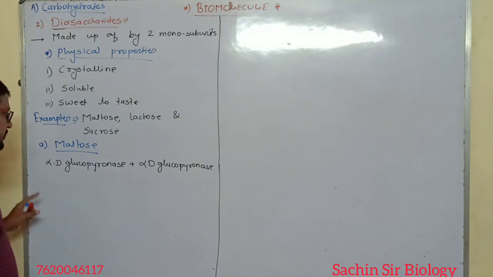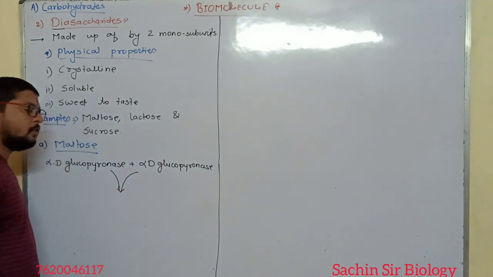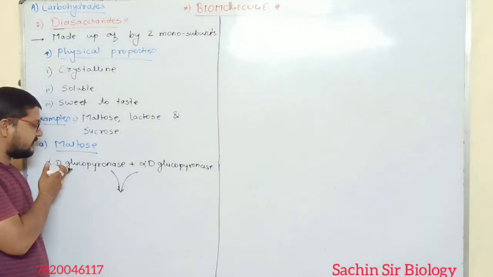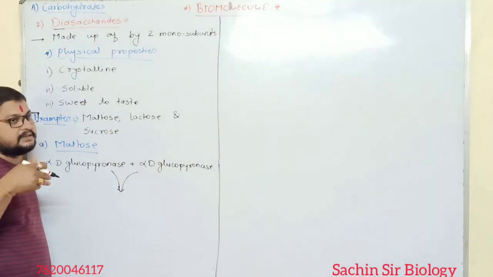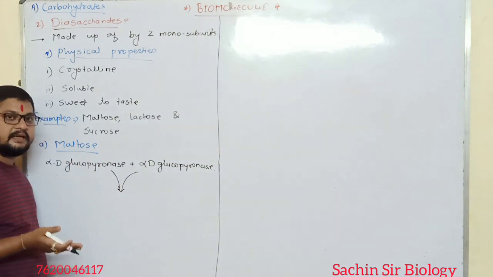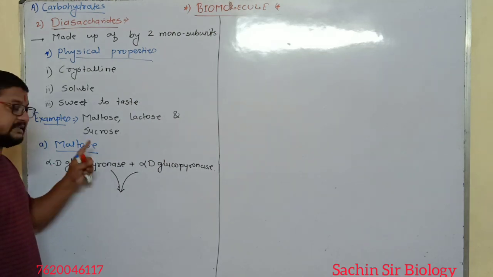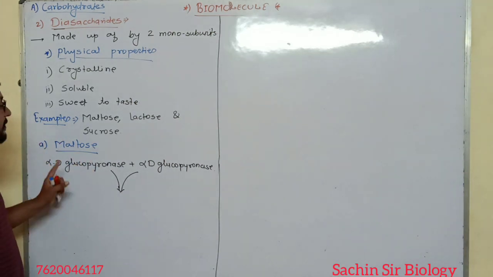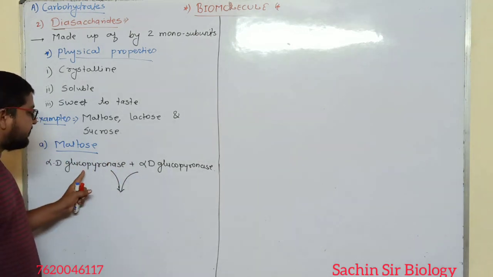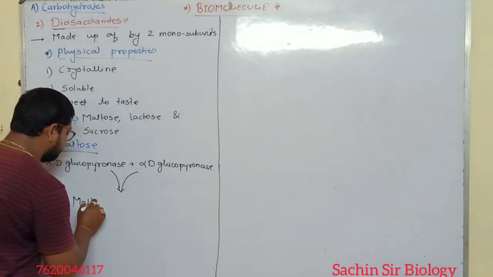From these two monosaccharides, alpha D glucopyranose, which is also called alpha D glucose, but in the ring form of the chain structure it produces a pyranose ring. That's why it is also named alpha D glucopyranose. In this way, by condensation of these two mono subunits, alpha D glucopyranose, maltose is produced.